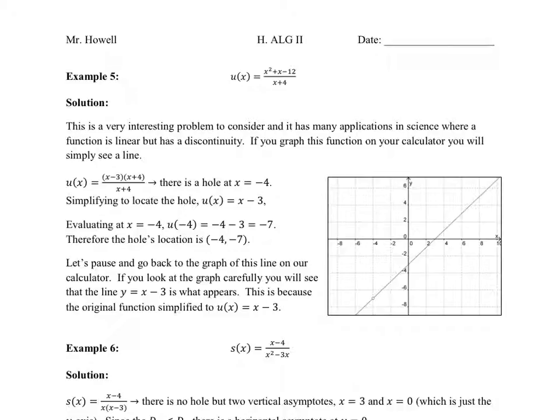Graph that line, it looks like an asymptote, but the actual function is exactly that. All you have is one. So if you could reduce something to a linear function, it means that everything reduced, there's just holes in the linear function. This happens a lot. You'll have a graph like this, and you'll have several discontinuities on the right, indicating locations where the function cannot exist. So it's literally just a linear function.